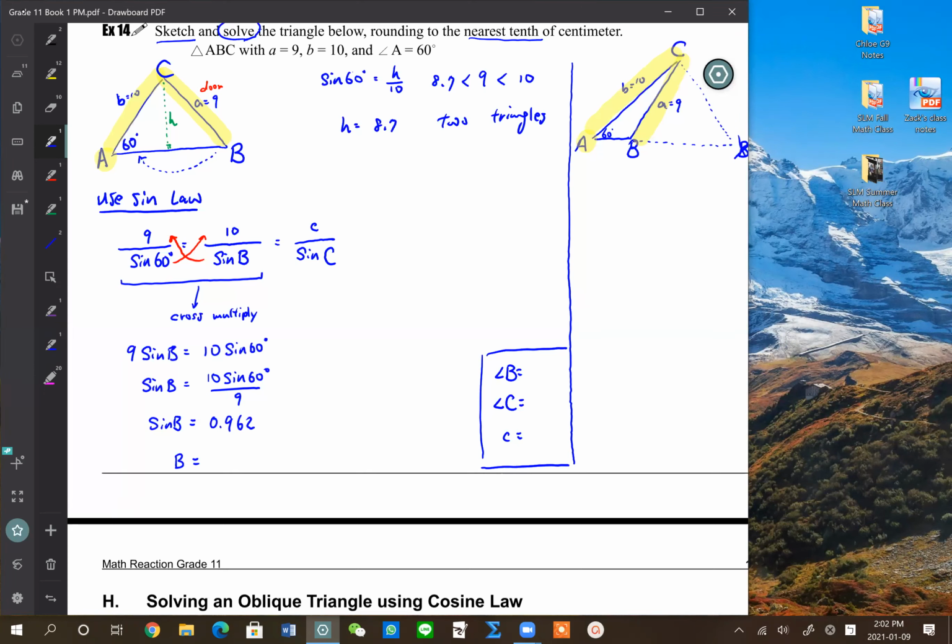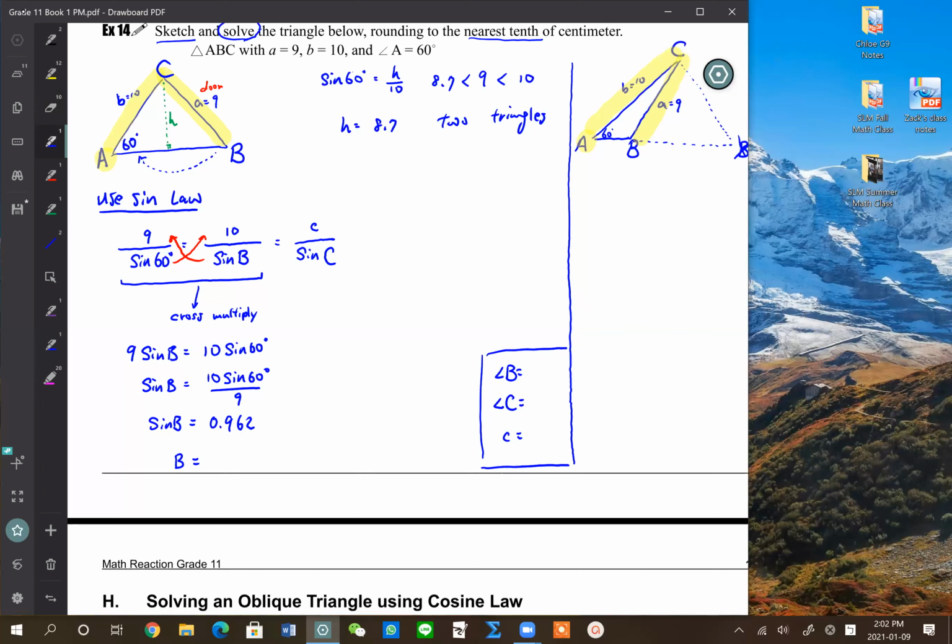Hold on. Did you get 0.962? Yeah. So what to do after this to figure out angle B?